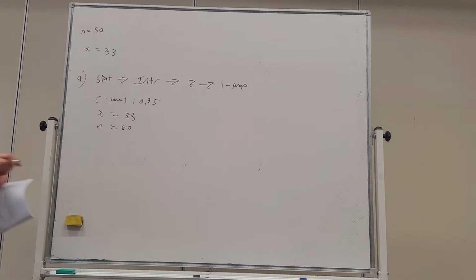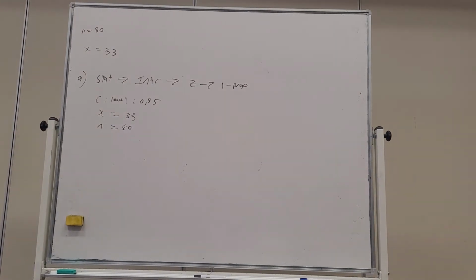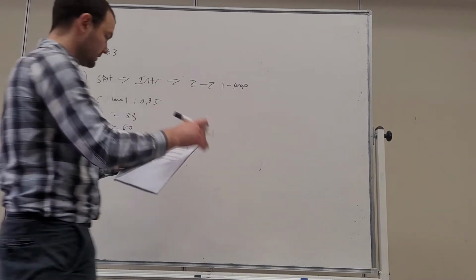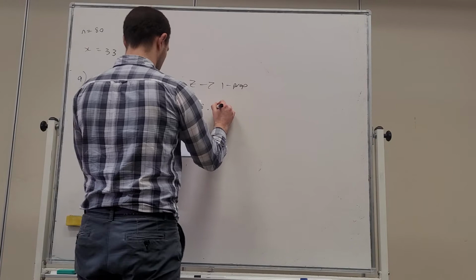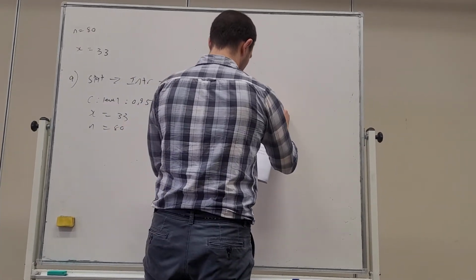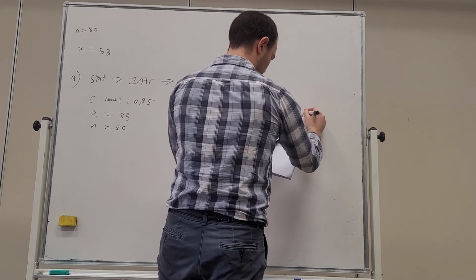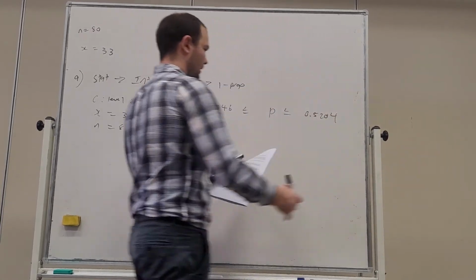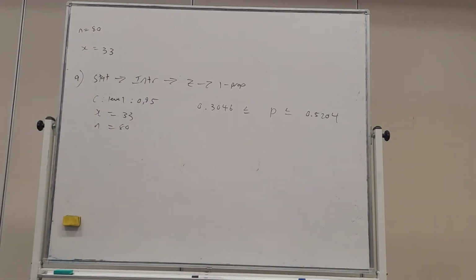I think I put them around the wrong way, but make sure we put them in the right way. We've got between 0.3046, I'm going to go for 4 figures to begin with, is less than the true proportion, is less than 0.5204. Okay, we'll leave that as it is for now, we could round that accordingly.